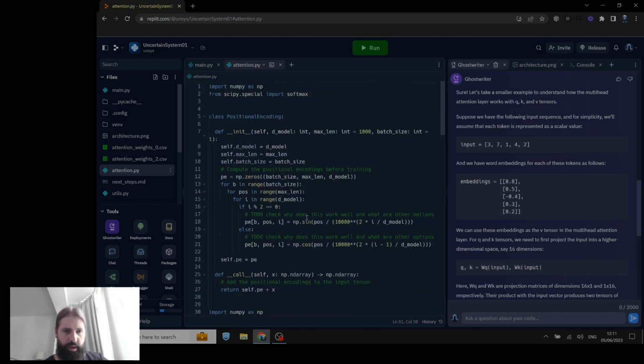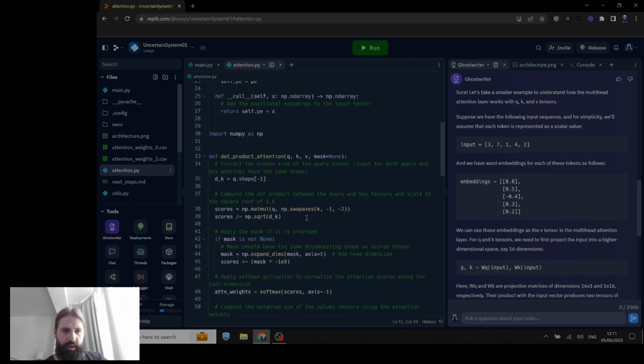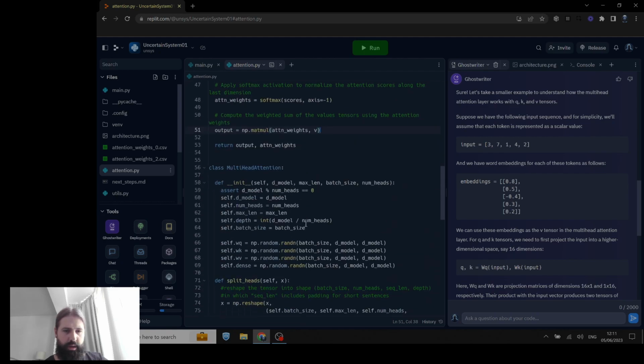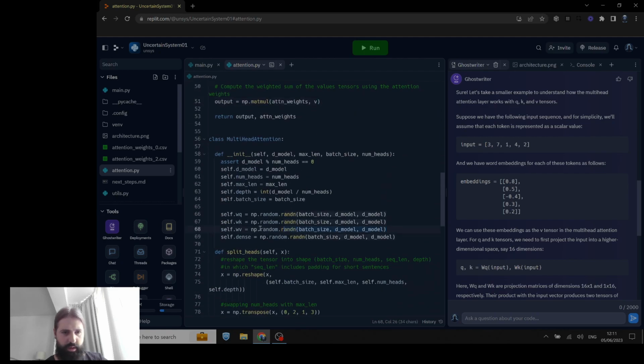So this is okay, but this is not what we're doing. This needs to be some sort of embeddings, right? So we can use these embeddings as the V tensor in the multi-head attention layer.